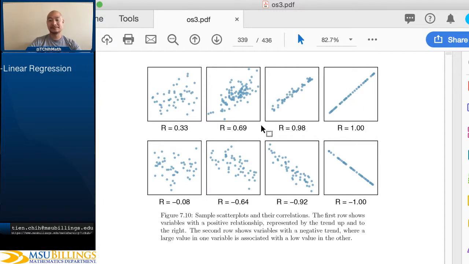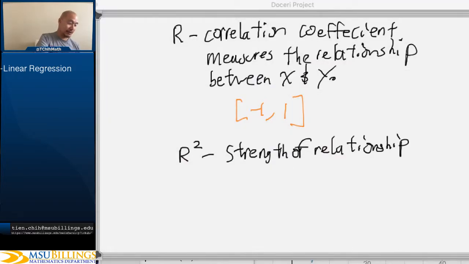And so the closer you are to 1 or the closer you are to negative 1, when you square that value, the closer you are to positive 1 either way. And so the stronger the relationship was, positive or negative, the closer to 1 the r squared value is.